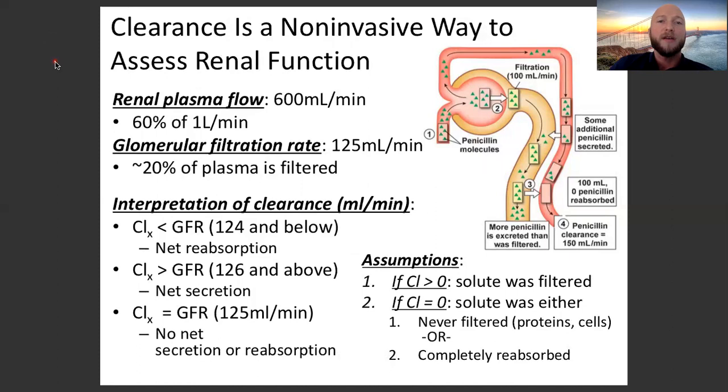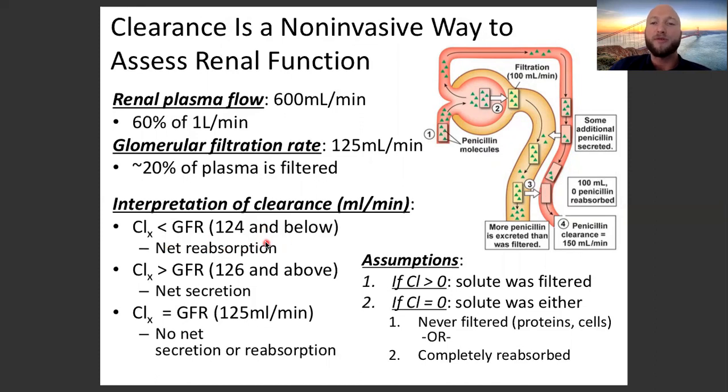All right, let's look at how we can assess this. When we are interpreting the clearance value, if the clearance value is less than the glomerular filtration rate, so we're assuming 125 is our glomerular filtration rate in these examples, we're going to have net reabsorption, either partial reabsorption or, if the case is 0, like in glucose, 100% reabsorption.